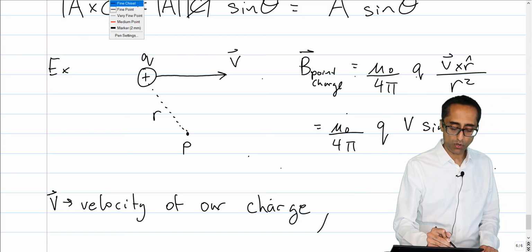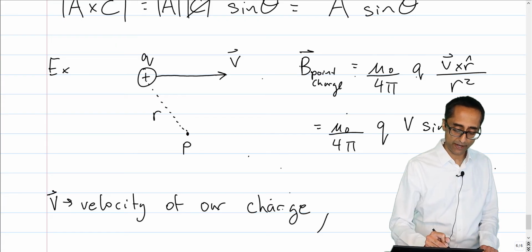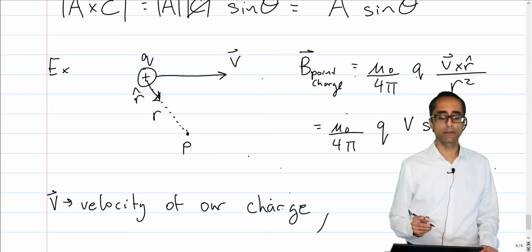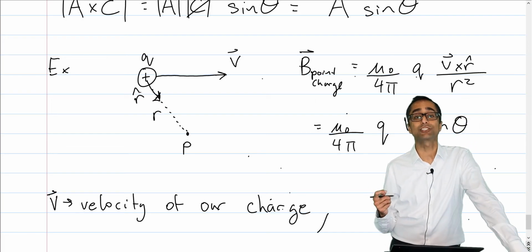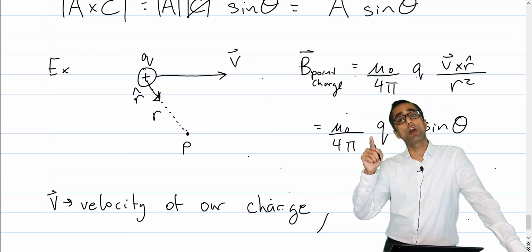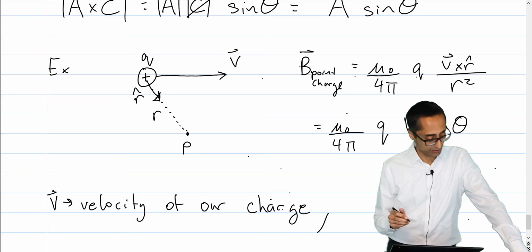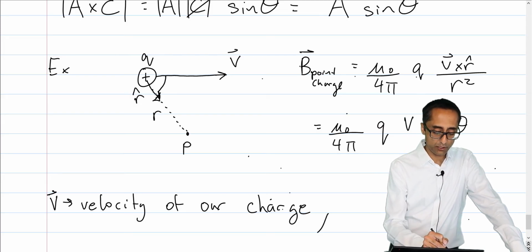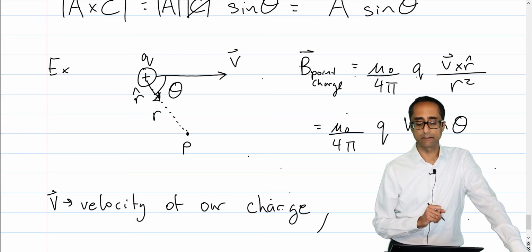What's R hat? Well, R hat is going to be the directional vector from our charge towards P. It has a size of 1, but it has a direction such that it points towards the point where we're trying to find the magnetic field. And so the angle between those two is theta.